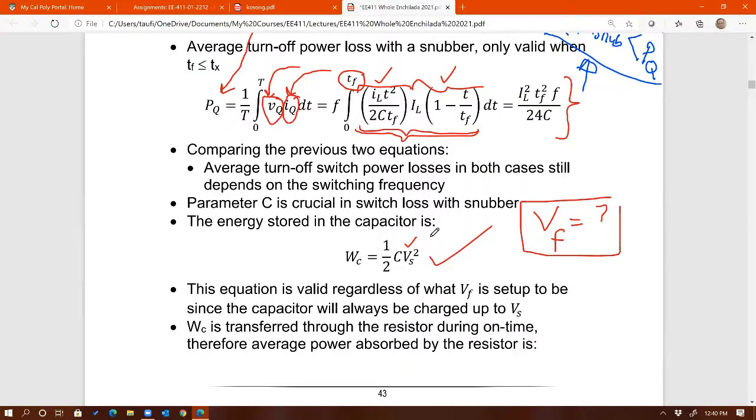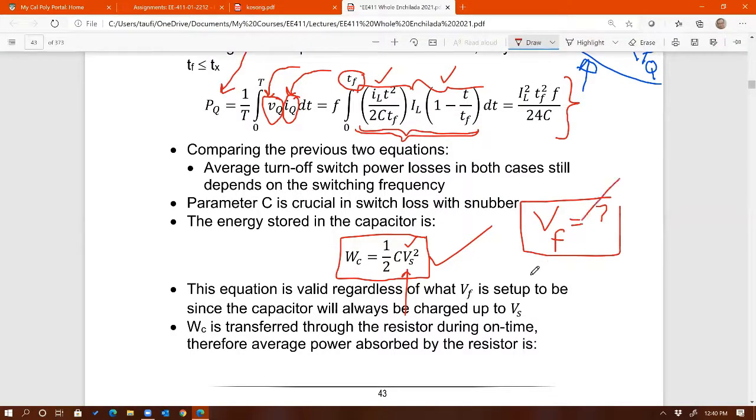What I'm saying is that the energy stored in that snubber capacitance will always have the voltage in the equation equal to Vs, the supply voltage. Is that clear? Okay, so in 1/2 CV squared, that V has to be Vs, the supply voltage, regardless of VF. Okay, so that's how much energy we are storing in that capacitor.